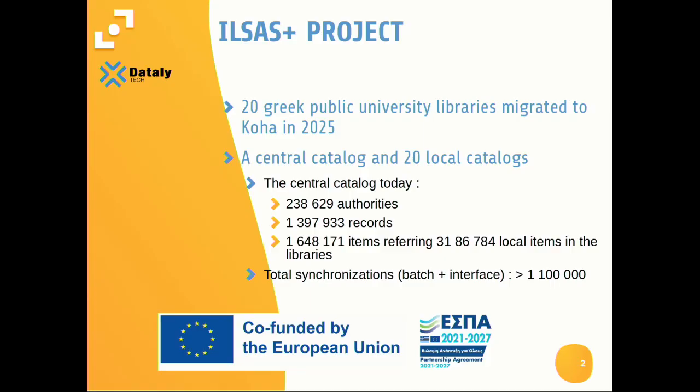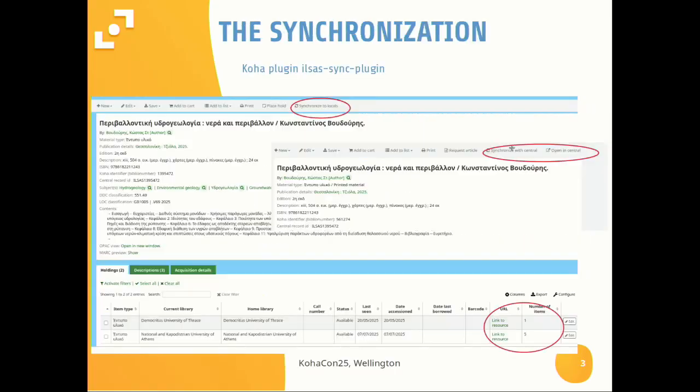A few figures about the quantity of authorities and records: due to the synchronization, we have in the central catalog more than 1.5 million items that refer to more than 30 million local items. Also, this project was managed by Biblibre and our Greek partner, Datalitech. So I will focus on the synchronization process.